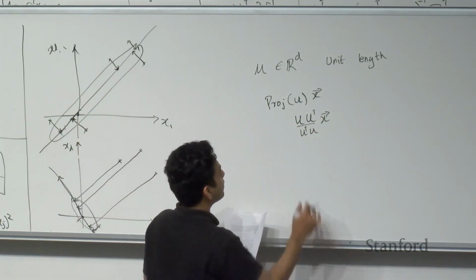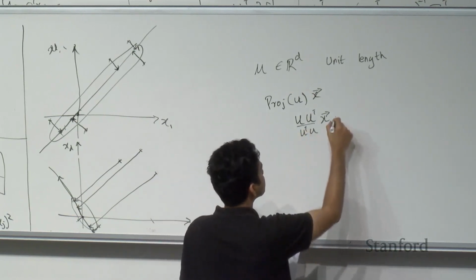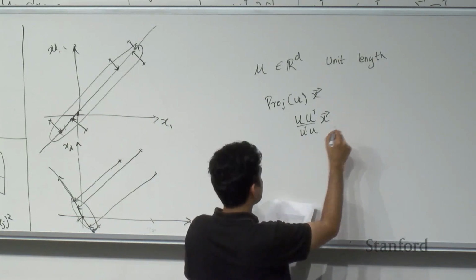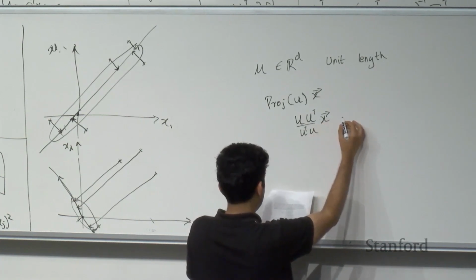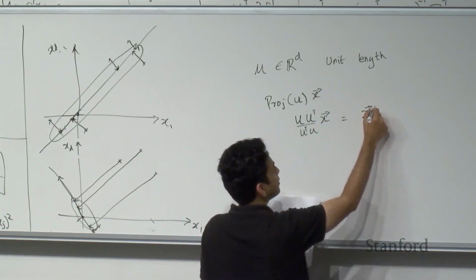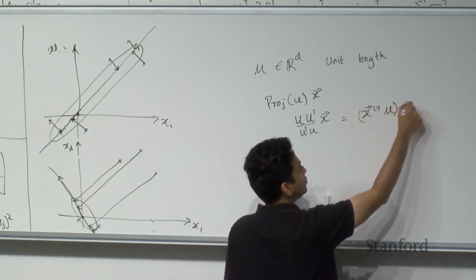We see that u transpose u is just 1, and so the projected point will be just xi transpose u, which is a scalar, times u.